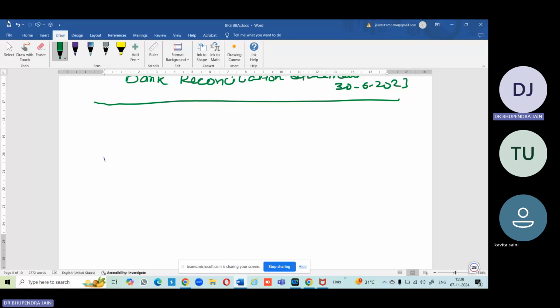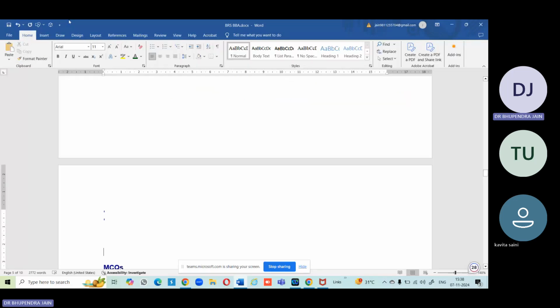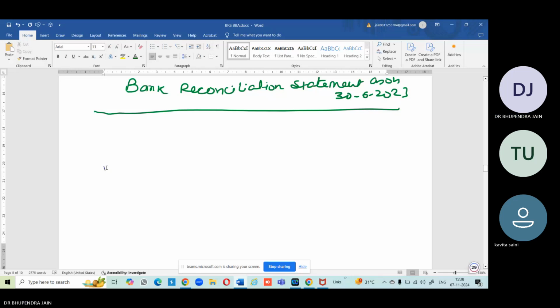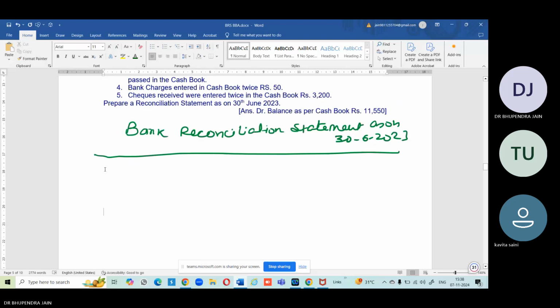But if we start the question as per the cash balance, then we think as per the cash book side, or if we take the balance from the passbook, then we think as per the passbook side.